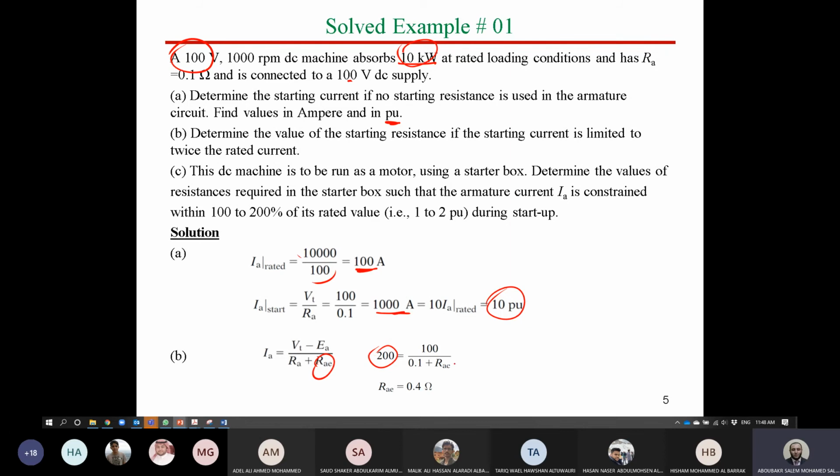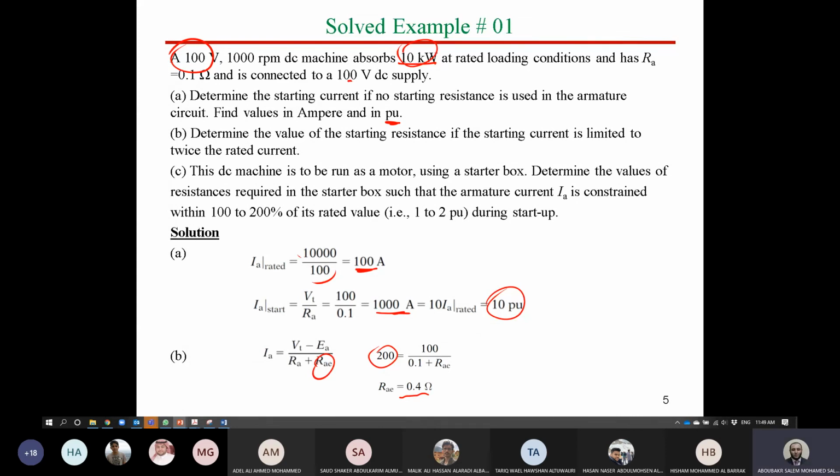We can write the relation: V over the quantity 0.1 ohm plus R added, and this is the value of the current. So the resistance is 0.4 ohms. This is the rheostat needed to limit the current to 2 per unit.